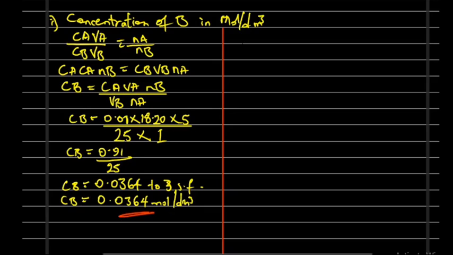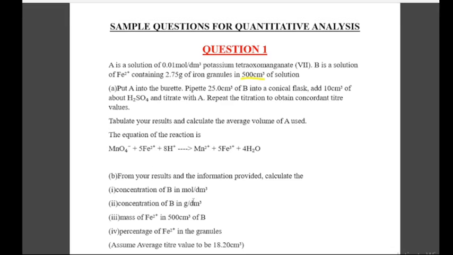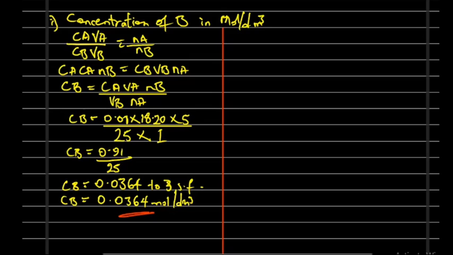So let us look at the second question. The second question there says we should calculate the concentration of B in grams per dm cube. So that is what we are doing now.